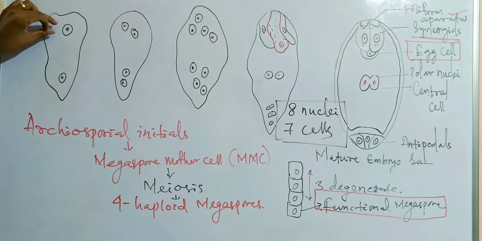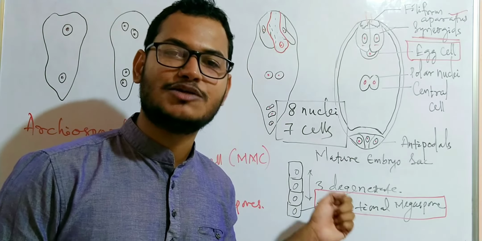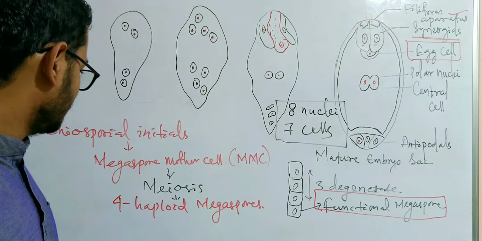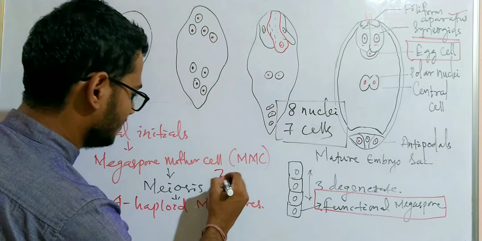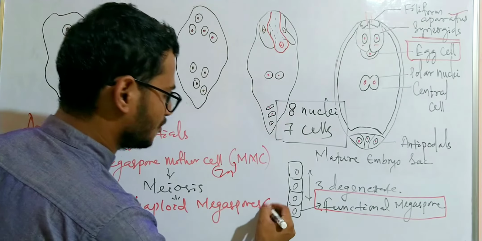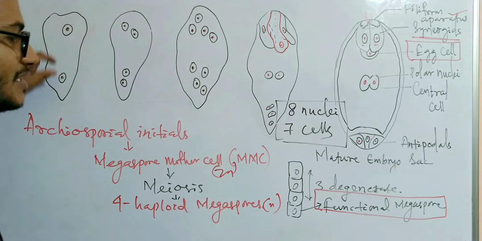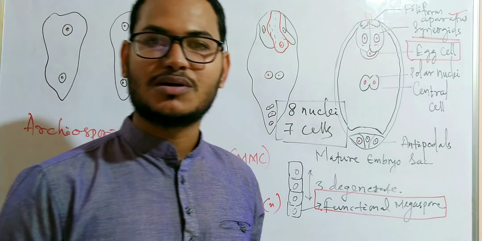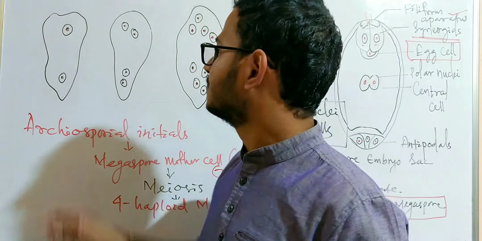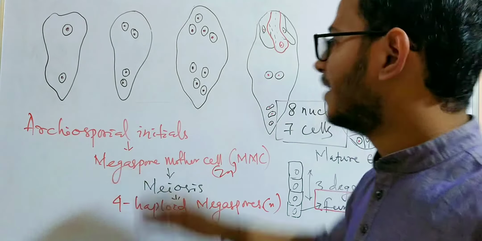You can see here two nuclei are formed from the functional megaspore as a result of mitotic division. So remember, the megaspore mother cell has 2n number of chromosomes, but the megaspores are haploid, having n number of chromosomes. So the cells after division from the functional megaspore move to opposite poles. These are the two nuclei which resulted from the mitotic division.